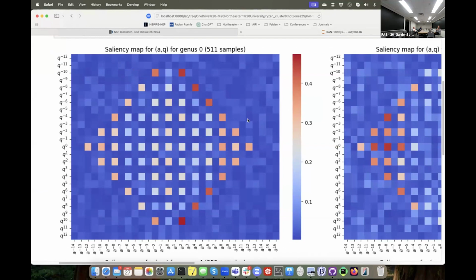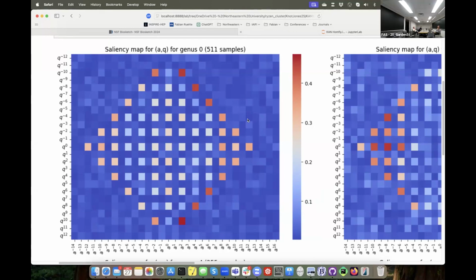Fabian, maybe I missed it. Georgi was saying that in the beginning he split his val set into performance on different genus. Do you have that or not? No, I just took 90% train, 10% test, completely randomly selected. Right.